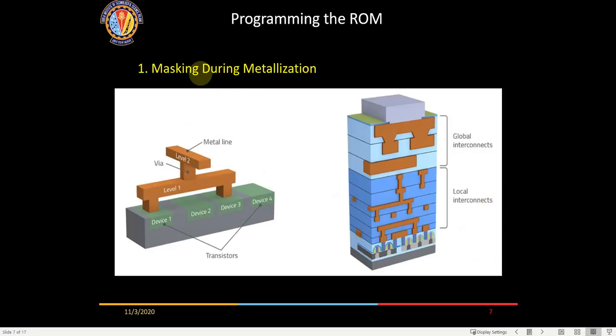Now, how to make the connections? This is how a VLSI IC looks like. This is the base, known as the bulk, and then you make different devices. There will be millions of devices, and between them you have metallization. This metal connects to this device.